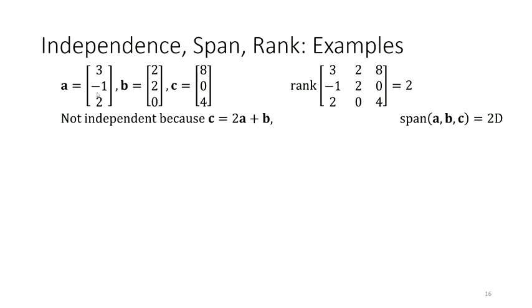And you can look here, these 3 vectors A, B, and C are not independent because C is actually twice A plus B. So you can have only 2 independent directions. So the span of ABC is 2-dimensional.